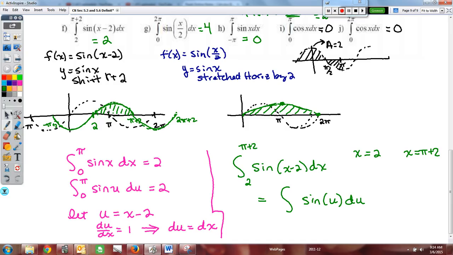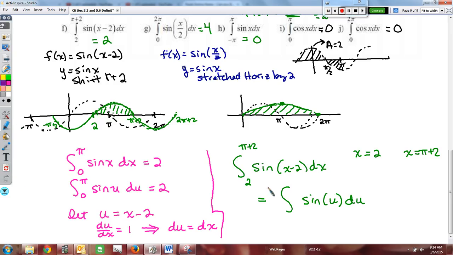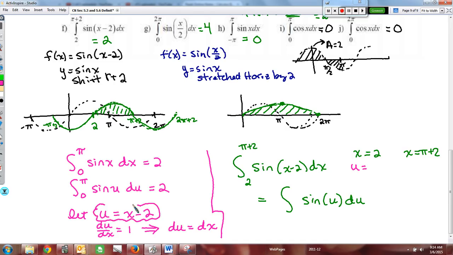And so what we're going to need to do, because we're changing our variable, we're doing a u substitution, is find u in terms of x. u is x minus 2. So if u is x minus 2, it would be 2 minus 2, or 0, would be the bound for u. And then u would equal pi plus 2 minus 2, which would give me pi.